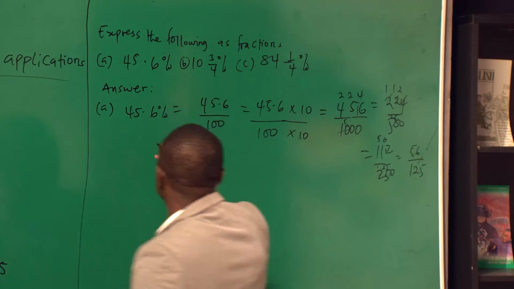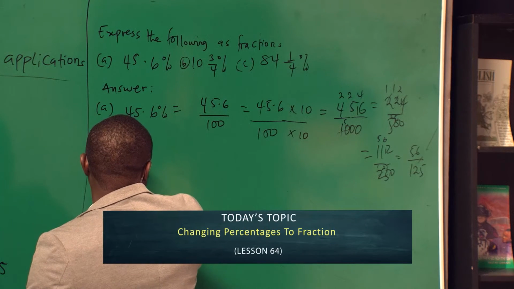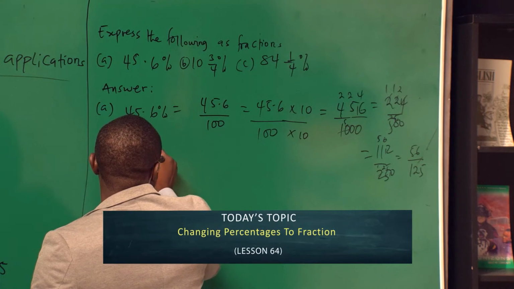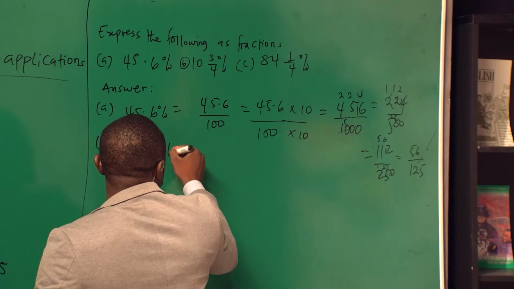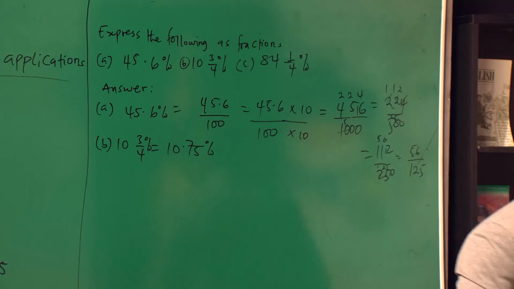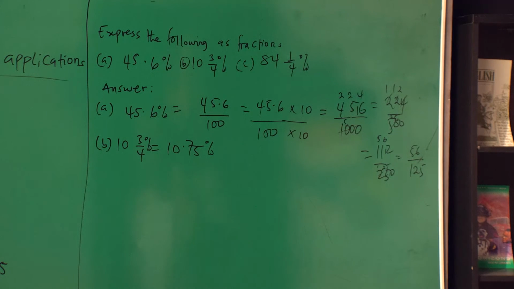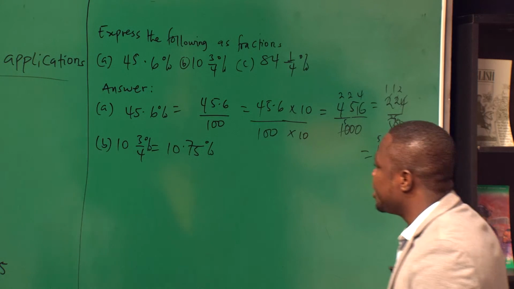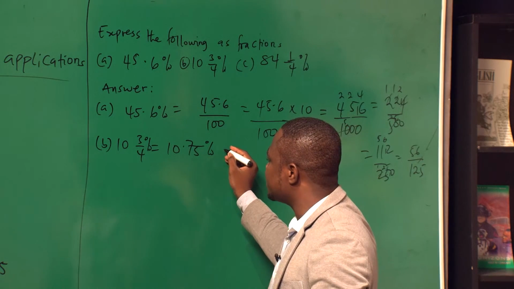So this one, 10 whole number 3 over 4% means 10.75 what? Percent. Are you okay? 10 whole number 3 over 4% means 10.75%. The 3 over 4 there is 0.75. Any questions? Are you okay? All right, so we go on.